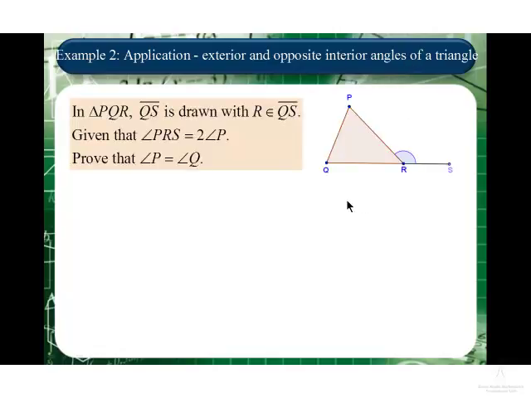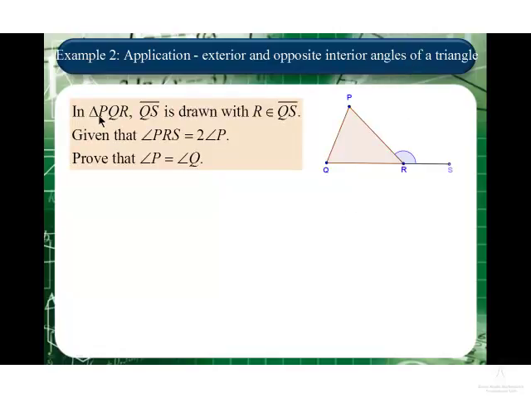In example 2, we look at an application of the result that we have proven before, that the exterior and opposite interior angles of a triangle correspond in the sense that the exterior angle is equal to the sum of the opposite interior angles. Let's have a look at this particular problem.